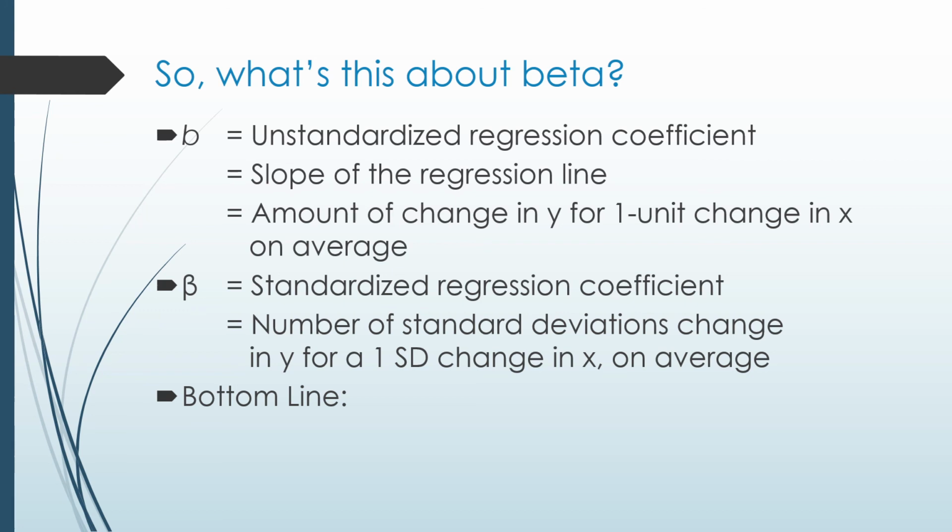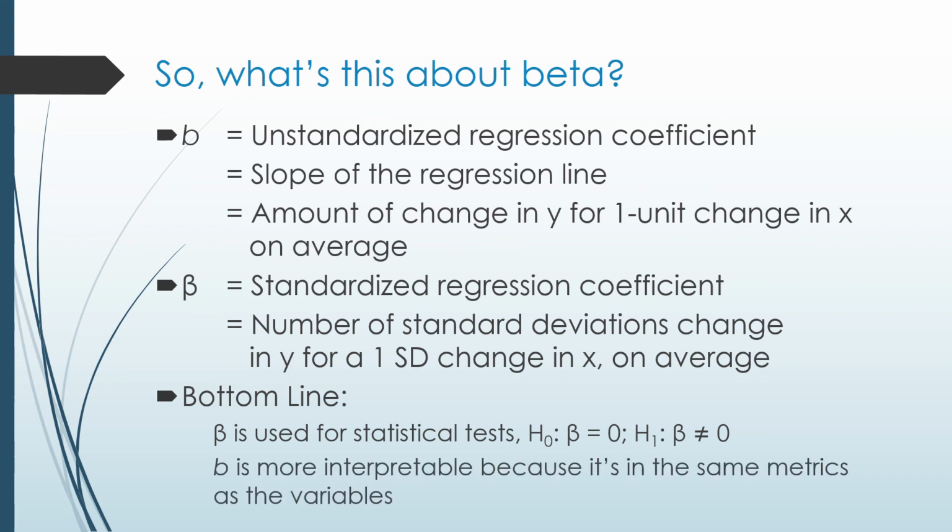So looking at the bottom line, when we go to do the analysis, we're going to use the beta coefficient to run our statistical test. Remember our null hypothesis that was that beta was equal to 0, and so when we run that test to see if we have a significant regression, that's what we'll be using.